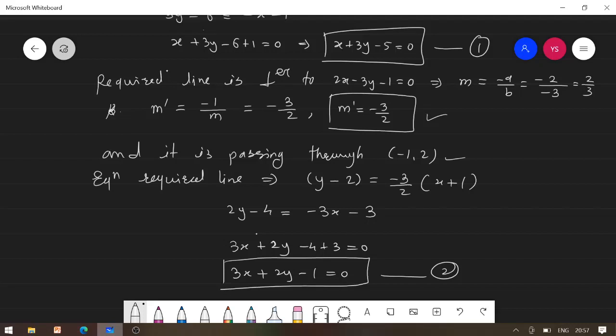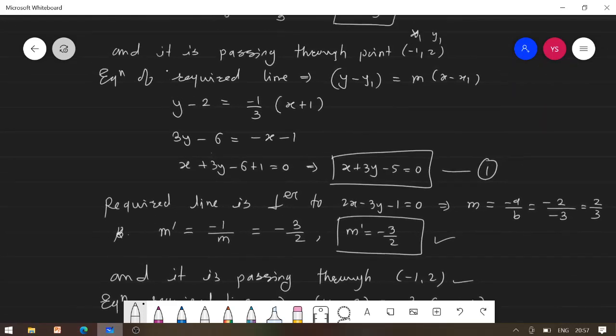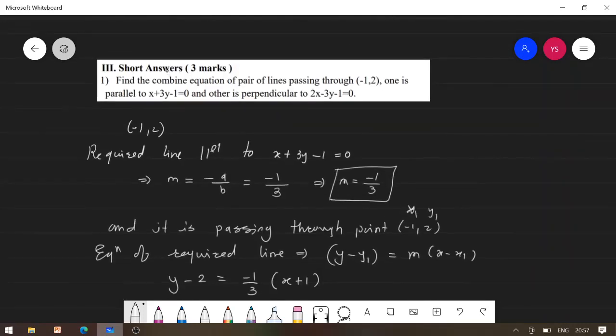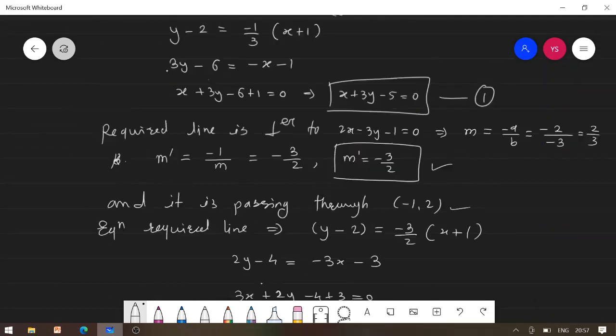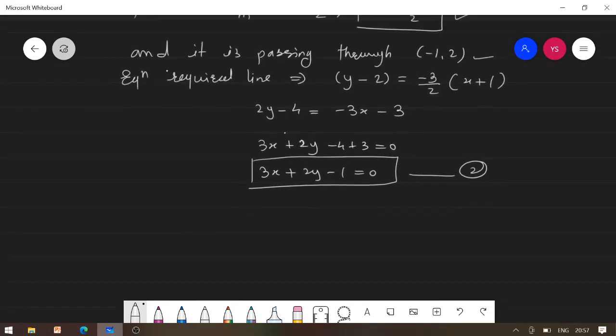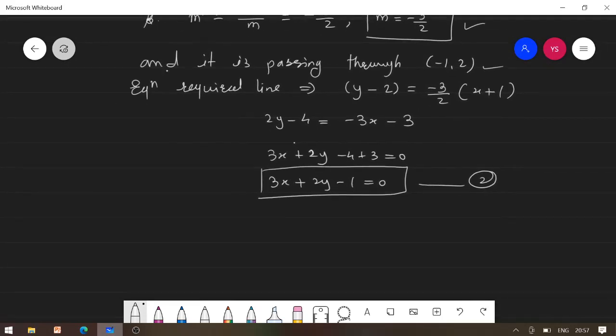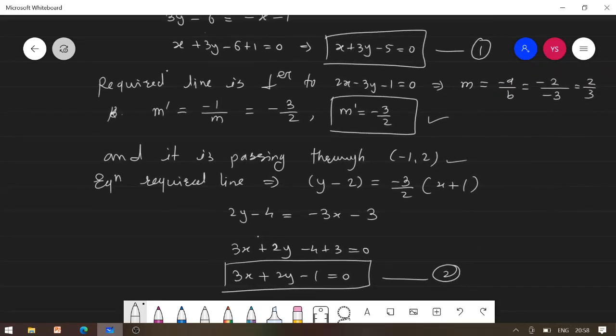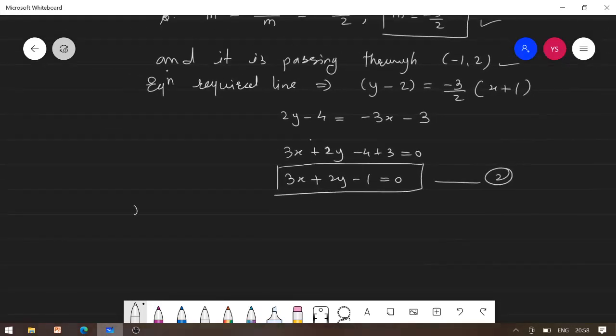Now, for finding the combined equation, we are required to find the combined equation of both lines together. For the given line, we have x plus 3y minus 5 equals 0, and the second line has the equation 3x plus 2y minus 1 equals 0.